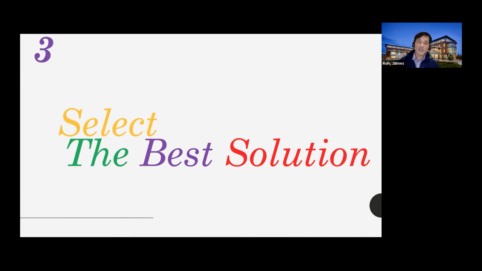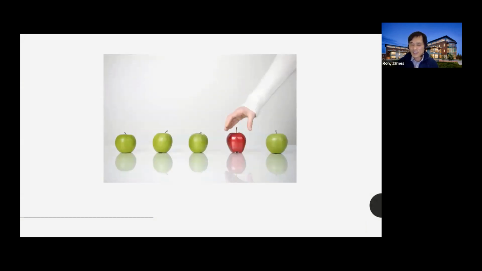In that case, obviously, you may want to go with lower hanging fruits. That's a no-brainer. But if you are seriously committed to process improvement, at that time you have to pick the best solution. And how do you determine what is the best? Sometimes people say good is the enemy of the best.